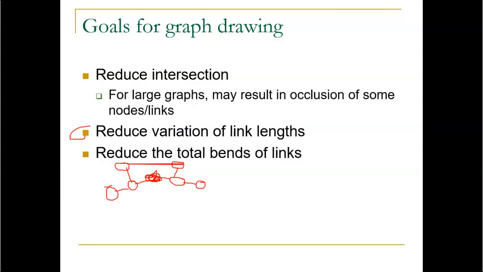If I'm focused on this node, and the links have about the same length, it tells me that this node here is a lot further away than this node here. So I can guesstimate things that are close, things that are far.